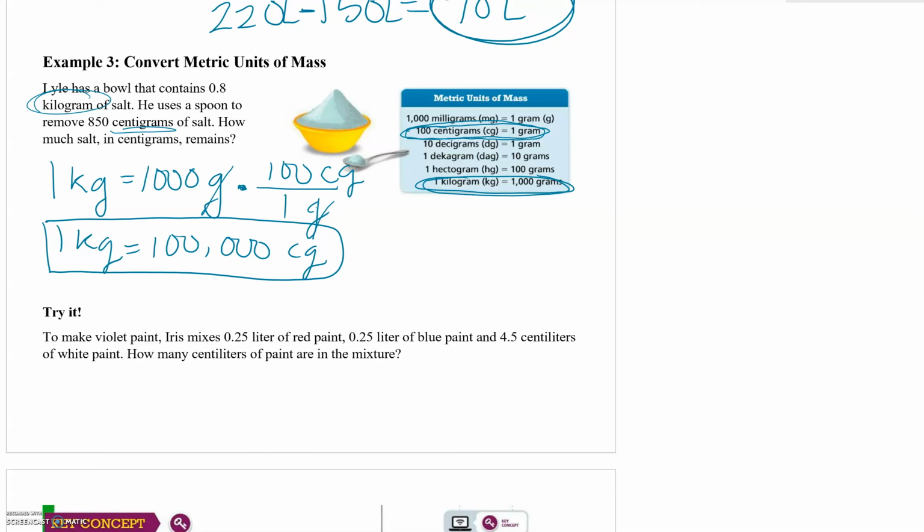So now let's convert what we have here. We have our centigrams. That's what we want our answer to be in. So we're going to take 0.8 kilograms, use my new conversion factor here, and 100,000 centigrams.